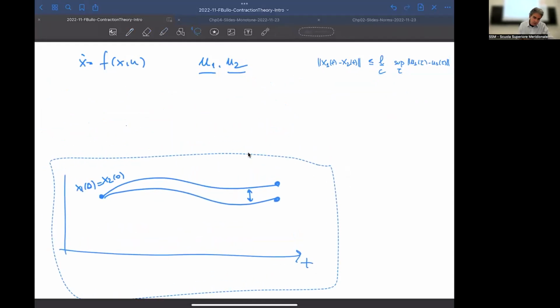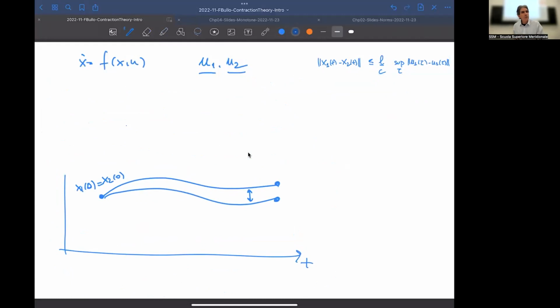Suppose I have a problem where I have x1 at time t and x2 at time t, and I have a map that translates them into two new positions, lambda 1 and lambda 2 at time t.